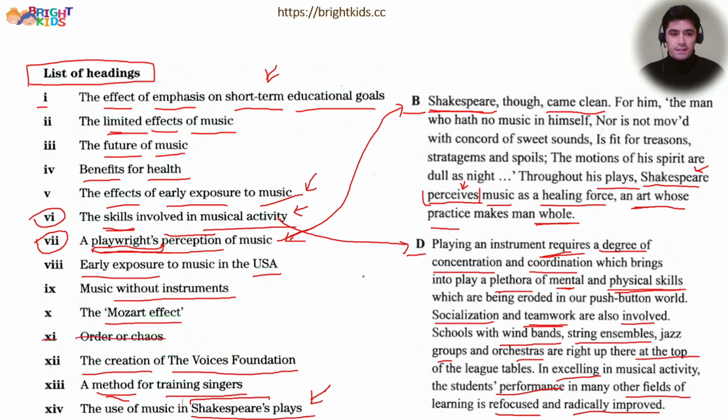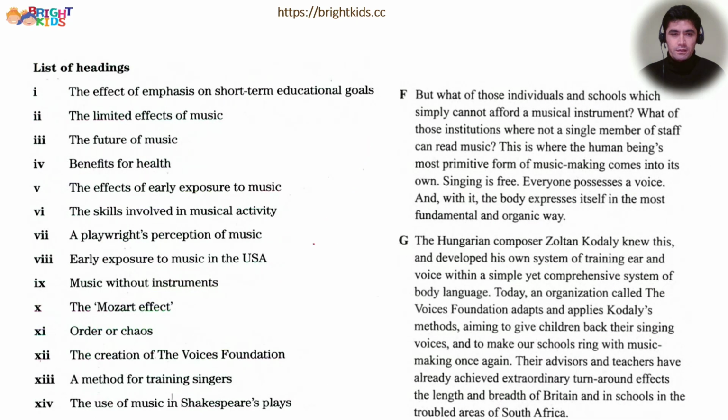Alright, now let's move on to the next page and look at some other paragraphs as well. Next we have two paragraphs here. I haven't chosen the paragraphs in order because I couldn't fit all of the paragraphs here.